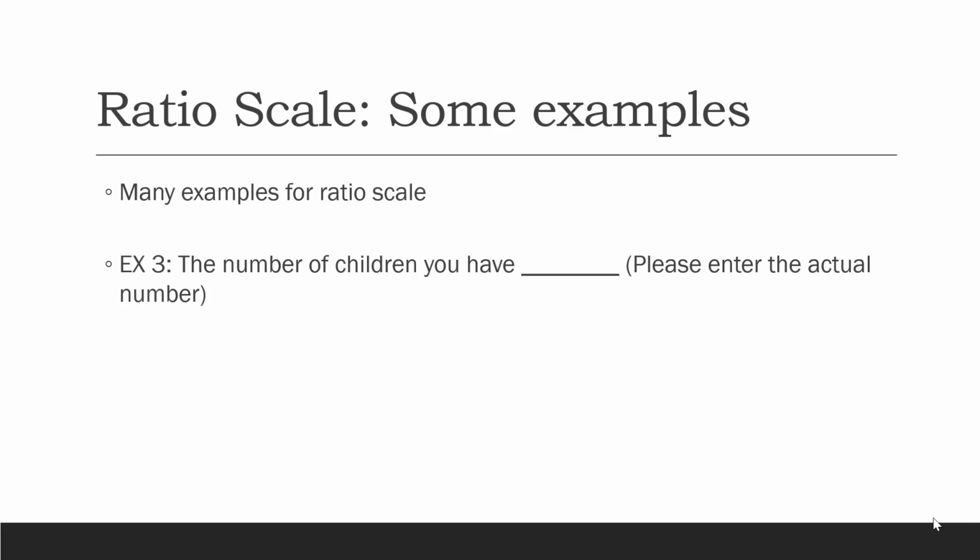What is the number of children you have, or how many children do you have? Please enter the actual number. So once again, the number of children parents have illustrates the employment of a ratio scale in order to capture the number of children.